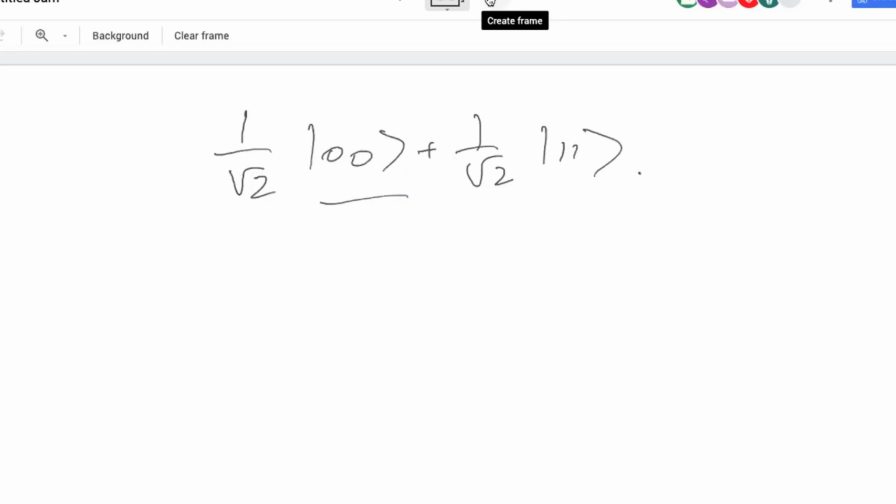So once I get outcome 0 for the first qubit, the post-measurement state will become 0, 0. It's the only compatible term. And from then on, if I measure the second qubit, I will also get outcome 0.